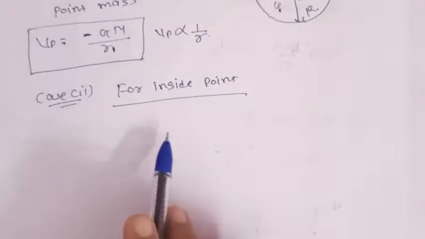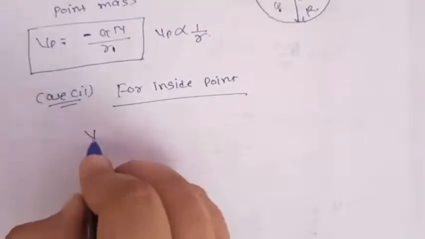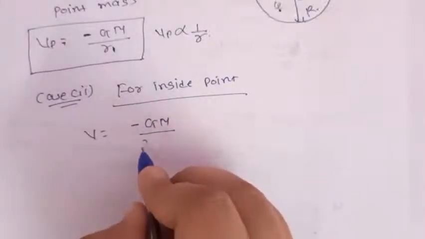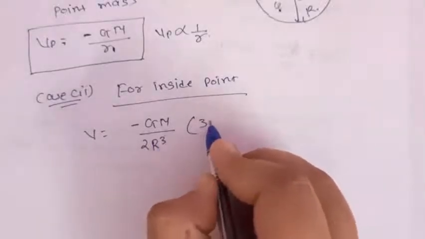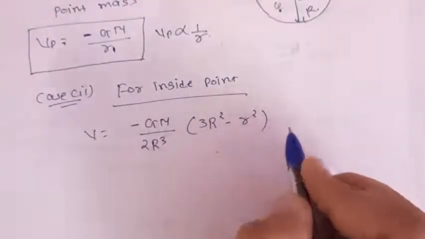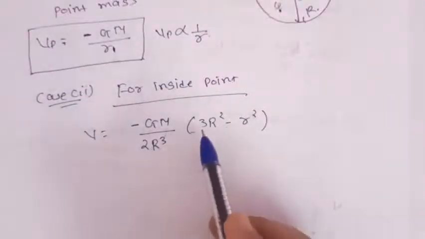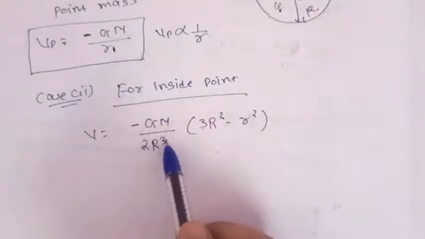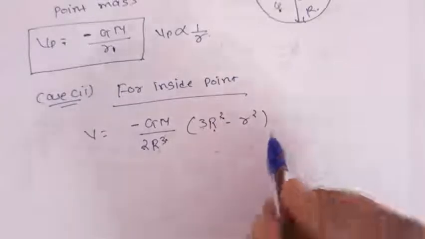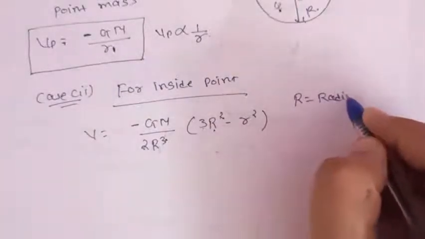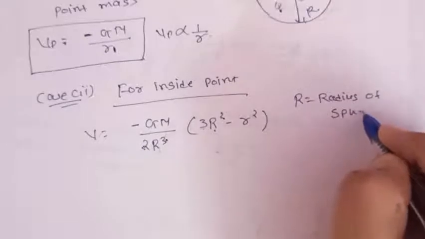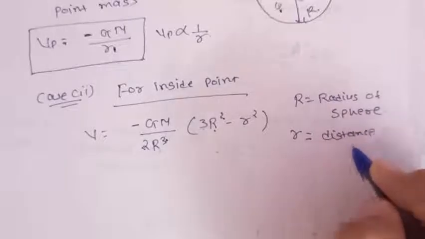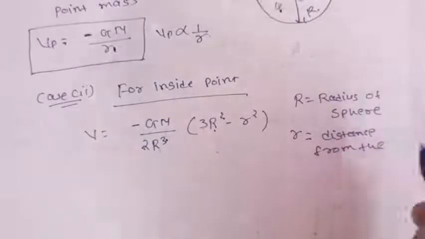The potential inside a solid sphere at any point is given by minus GM upon 2R cube into 3R square minus r square. You can remember this formula as 3223, 32 in the first bracket and 23 in the second, where capital R is the radius of the sphere and small r is the distance from the center.